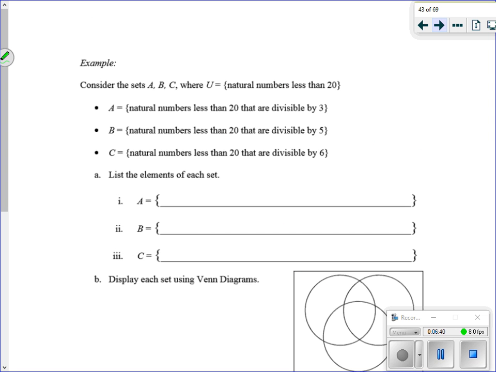Okay, so let's have a look at this example. We're looking at sets A, B, C, where the universal set is natural numbers less than 20. Remember, this is universal. In other words, that's the set that we're considering and taking all these numbers from.